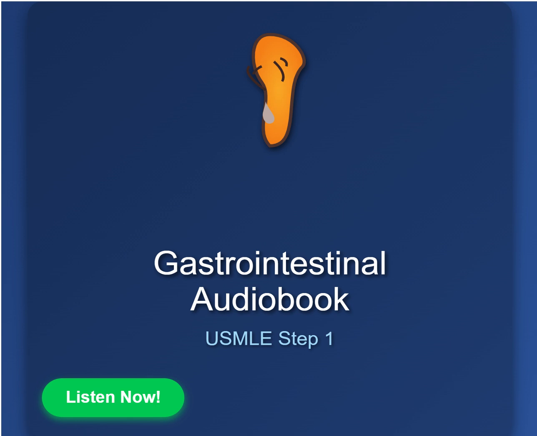Now let's talk about spontaneous bacterial peritonitis, also called primary bacterial peritonitis, which is a common and potentially fatal infection that occurs in patients with cirrhosis and ascites. This infection can be sneaky, often asymptomatic, but may still cause fever, chills, abdominal pain, ileus, or worsening hepatic encephalopathy.